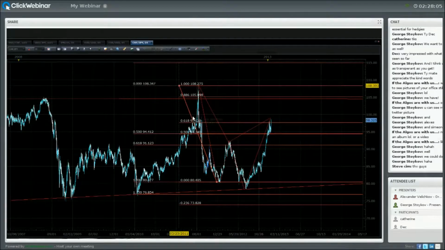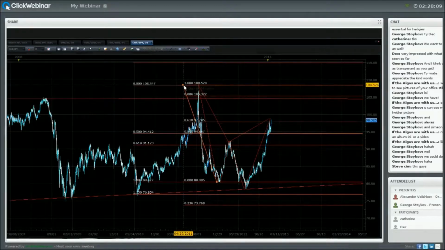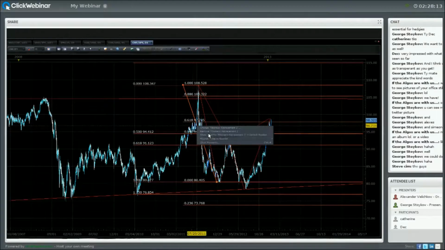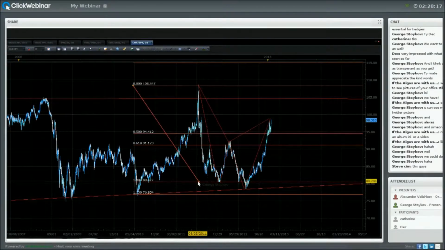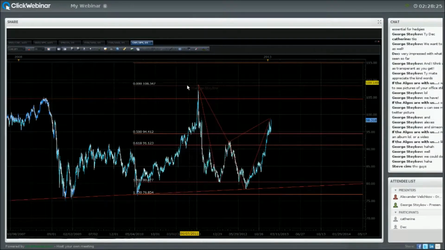I just want to check something because potentially this could, yeah. So we still have some sort of upside in front of us. That's for certain. This is obviously not the most perfect Gartley pattern you can get, but it is a decent enough shark in my opinion. Now, why is it not perfect?